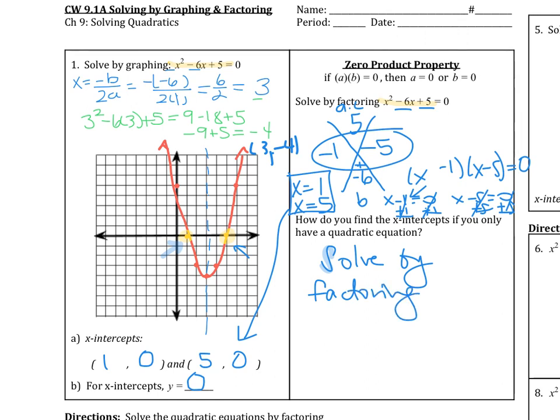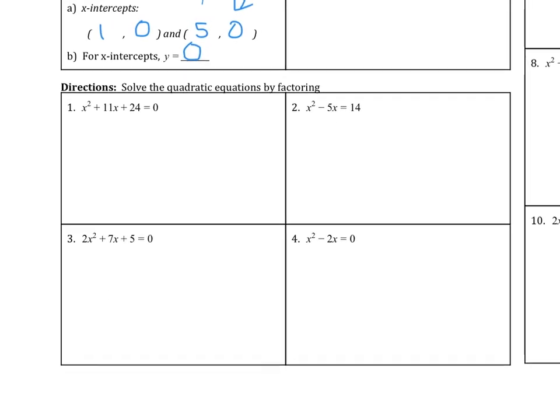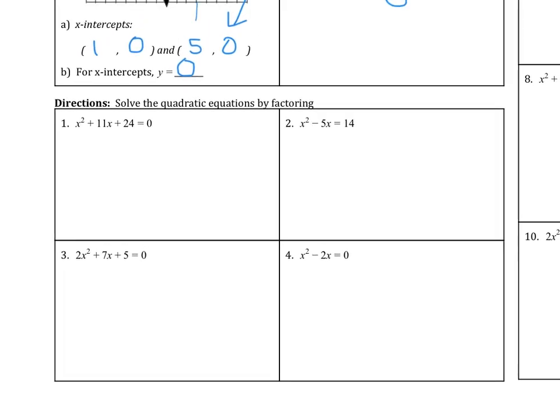Solve by factoring. So you want to figure out what makes it 0. All right, so let's try the ones below. Pause the video, go ahead and try these out on your own, and then if you need the help, unpause the video and see the work.